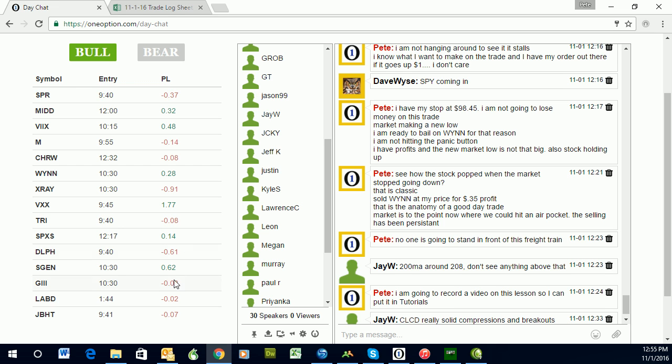Got a lot of little losers right in here, and then bam, a 62-cent winner, a $1.77 winner. So our bullish trades are still up, even in this very weak market, because we trade relative strength and we're able to identify it within the overall market. And we also identify relative weakness, and we've got huge profits on this side of the ledger.